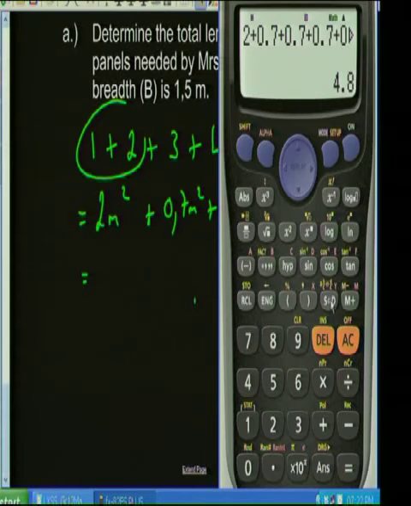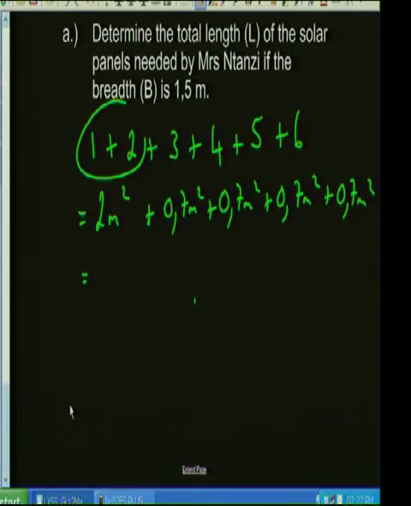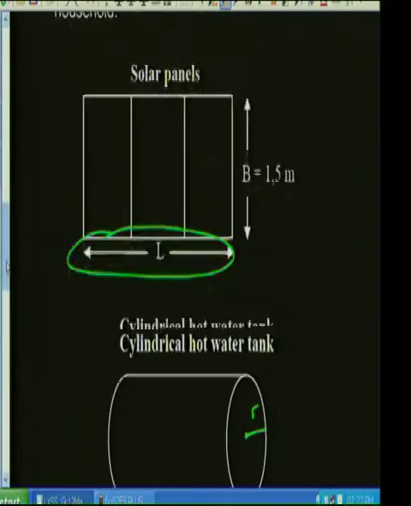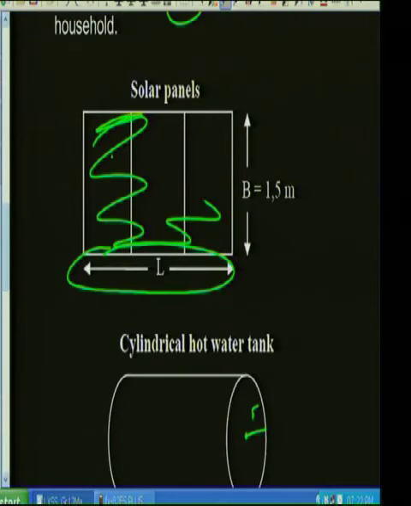Gives me a total of 4,8. So I need an area of 4,8 meters squared. So the whole area of panel must be 4,8 meters squared.